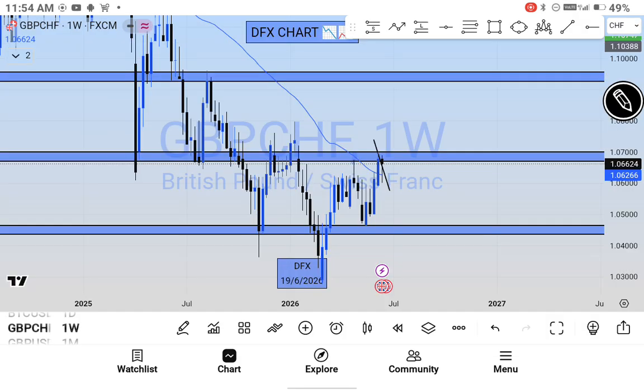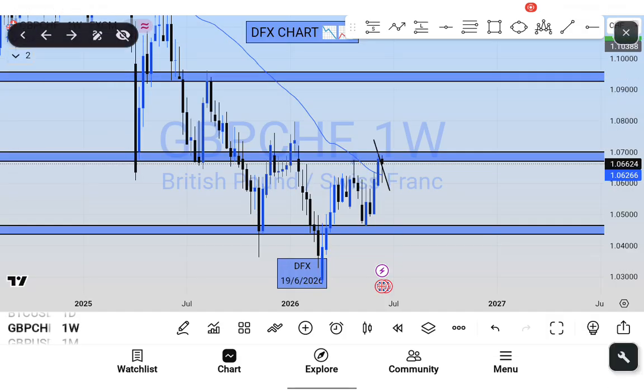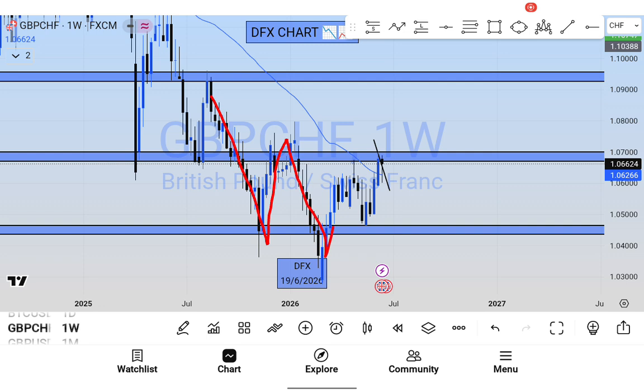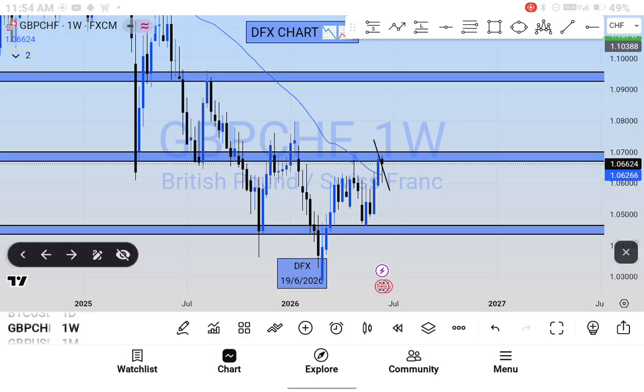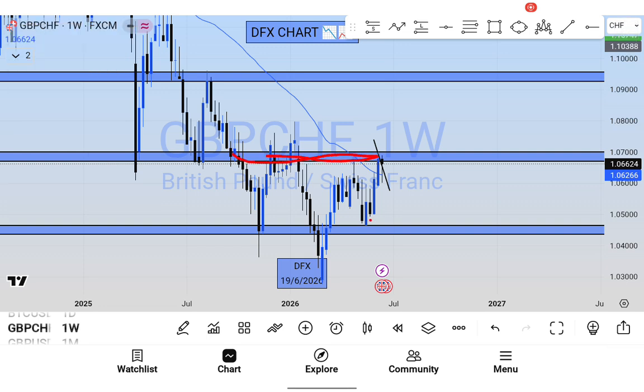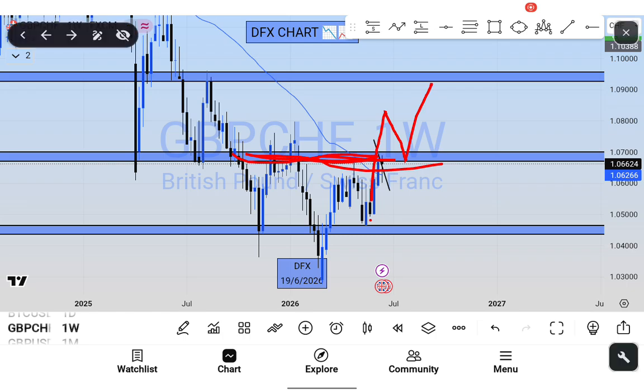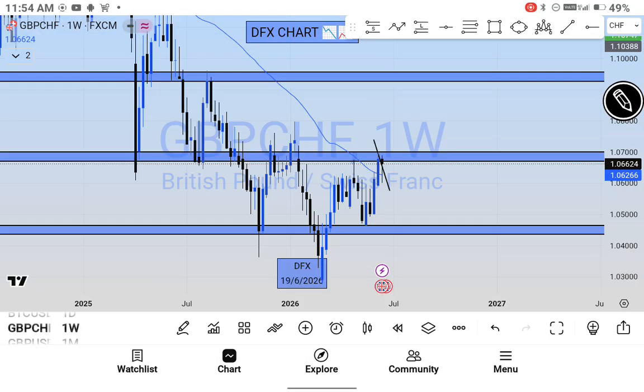Now what do we have here? We have an inverse head and shoulders pattern forming, right? So what do we expect here? We expect the market to break above this neckline and start pulling to the upside.